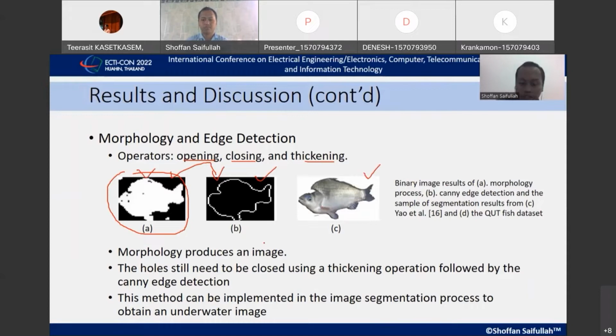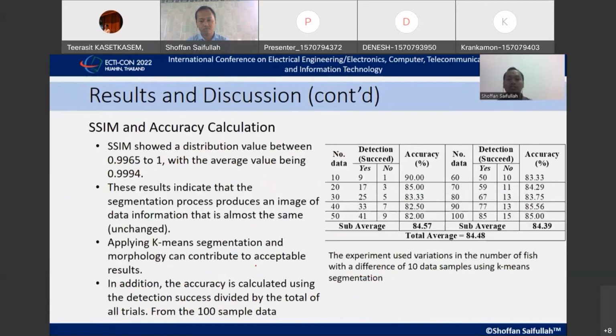The morphology produces an image whose holes still need to be closed using the thickening operation, followed by Canny edge detection. These methods can be implemented in image processing to obtain an underwater image.